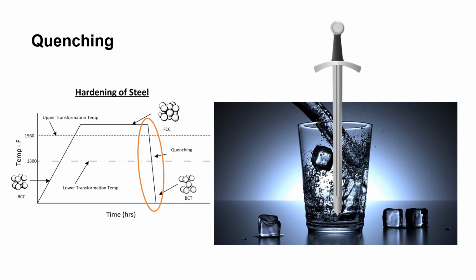It could be oil, water, some kind of polymer related material that is aqueous based. There's a lot of different options. Salt quenching. There's a lot of different cooling mediums that we can utilize to get different mechanical properties for our end product, for our steel.